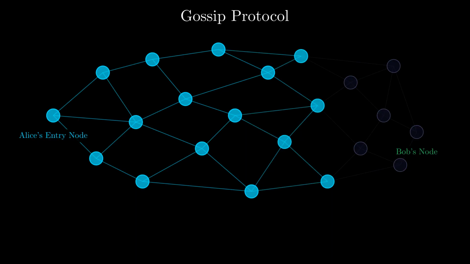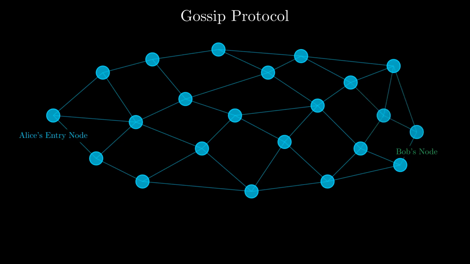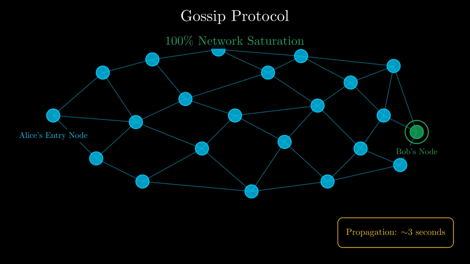When a node receives a valid transaction it hasn't seen before, it forwards that transaction to all its peers. Those peers validate it and forward it to all their peers. The cascade ripples outward from Alice's entry point. Within 2 to 4 seconds, the transaction saturates the entire network. Thousands of nodes worldwide, each holding an identical copy.